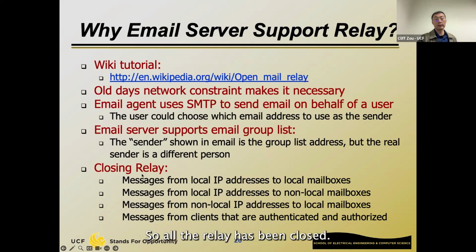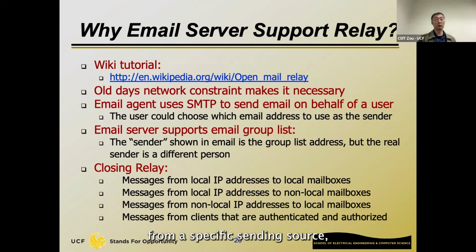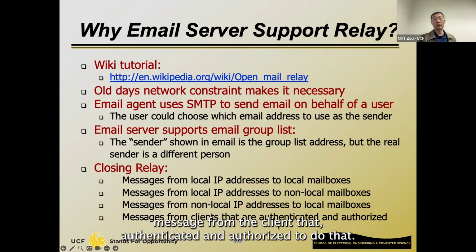So all the relays have been closed. The email server only allows relay from a specific sending source, like only allowing messages from a local IP address, or messages from clients that are authenticated and authorized to do that.